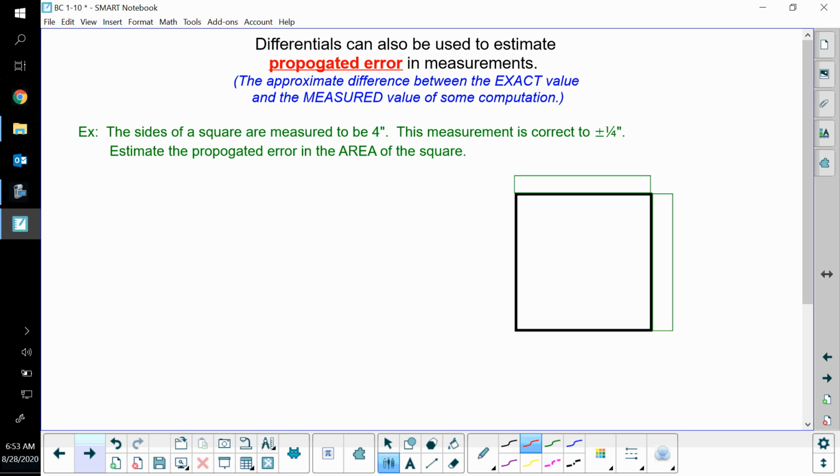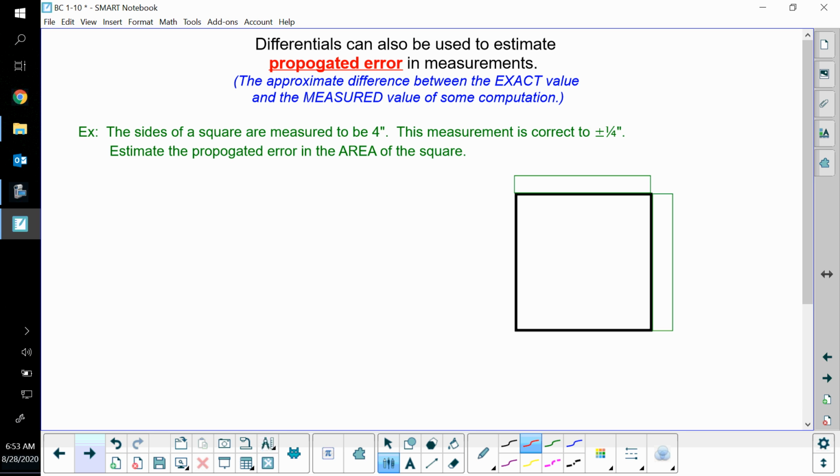So we've got a side of a square, and we're saying that it's measured to be 4 inches, and it's correct within a 1/4 inch. So it may be a 1/4 inch below that, could be a 1/4 inch above that. And we want to see what the possible error is in the area. Well, the error is essentially the approximate change in the area.